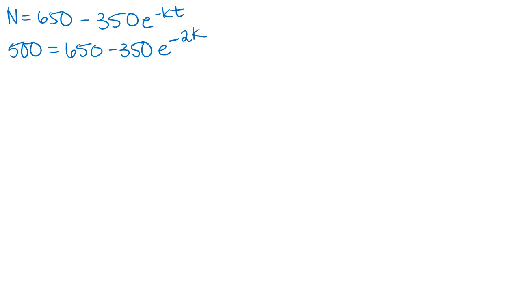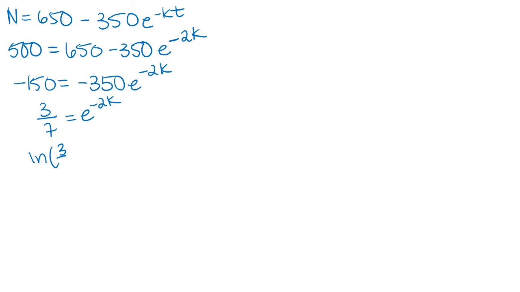Now I'll subtract 650 from both sides. Divide both sides by negative 350. Take the ln of both sides and divide both sides by negative 2. That's going to leave me with k approximately 0.424.